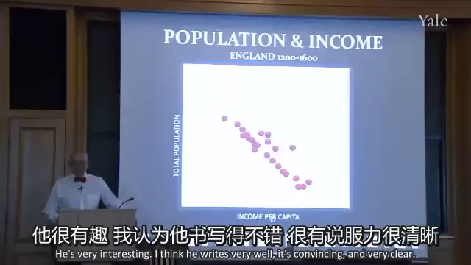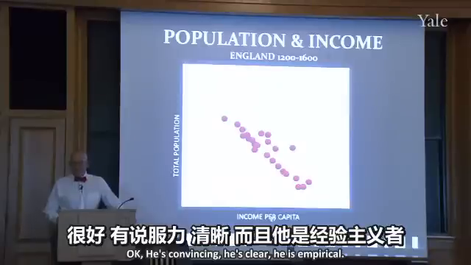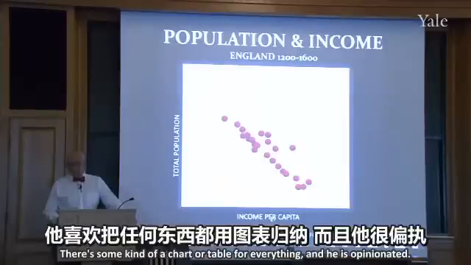Very interesting. I think he writes very well. It's convincing and very clear. Okay. He's convincing, he's clear, he is empirical, right? There's some kind of a chart or table for everything. And he is opinionated.